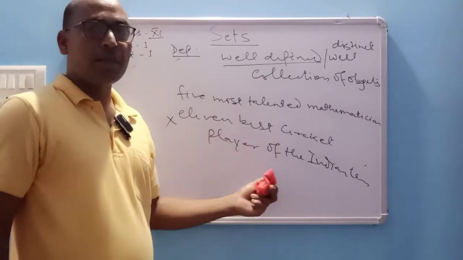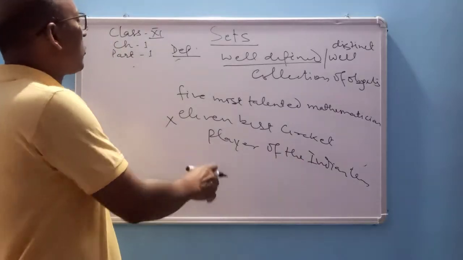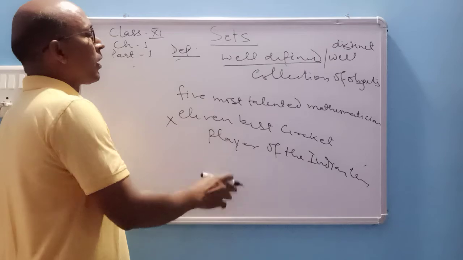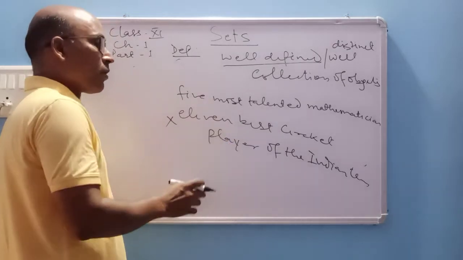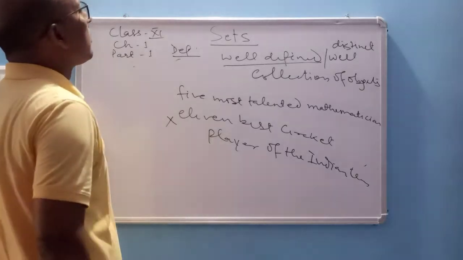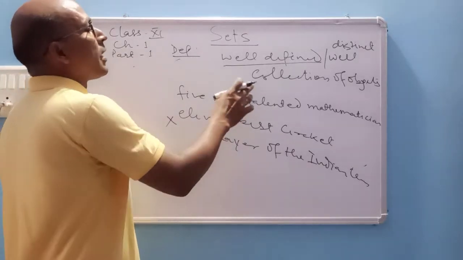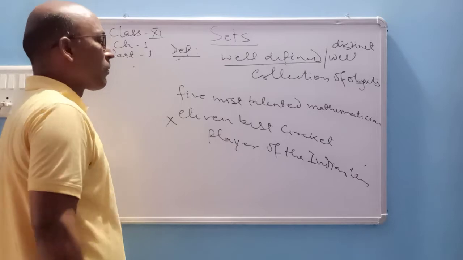So choices are different from person to person, so this does not qualify for a set. This collection cannot be called a set because it is not well defined.